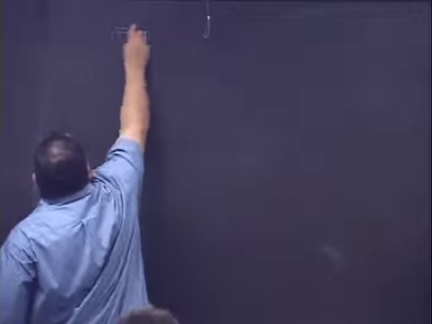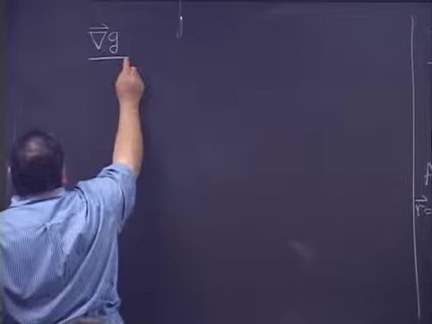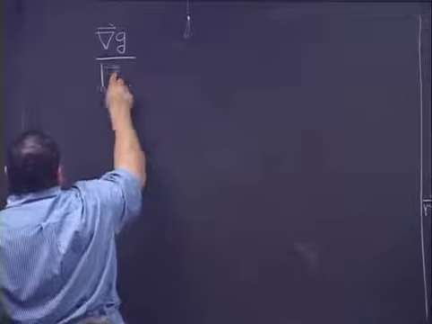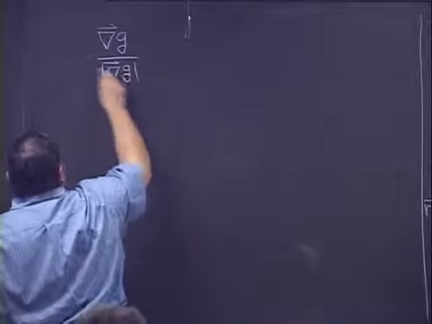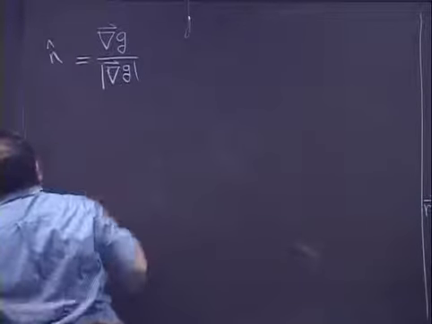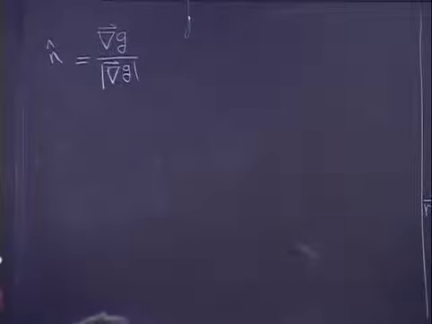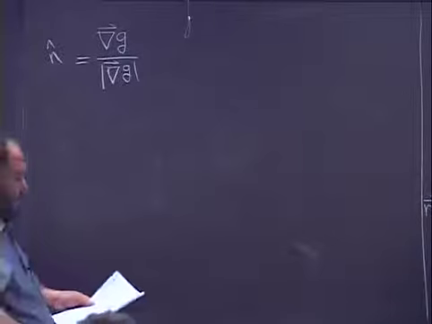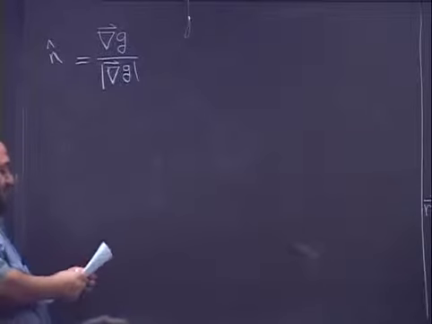So the gradient of g is normal to the surface. If I want to get a unit normal, I should divide by what? So this is if the surface is explicitly represented in x, y, and z, all what I will do is just get the gradient and then divide by the absolute value of the gradient.